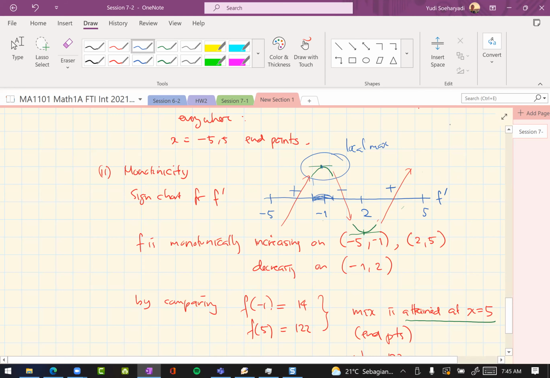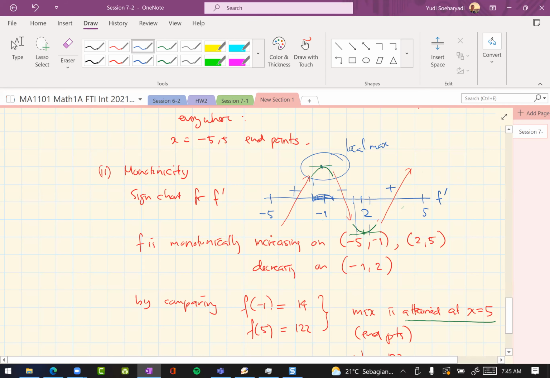And this one we call local min, because this is the lowest on this interval. All right. So you can say, well, this is a champion from a village or something, and this is the champion for the whole world. Okay, so this one we call local max, local min, and global max.